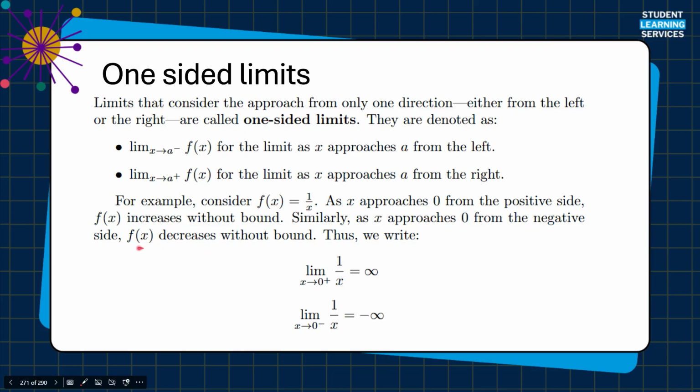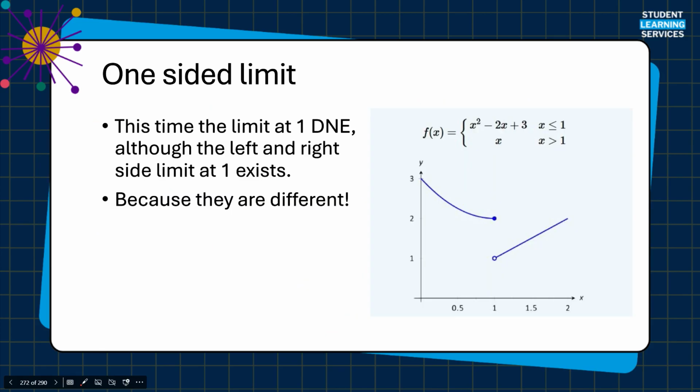Then 1 over x will be very, very close to negative infinity. So we have these two results. What is the limit as x approaches 0? If it's from the positive side, it is positive infinity. If it's from the negative side, it's negative infinity. So the limit turns out to be does not exist.